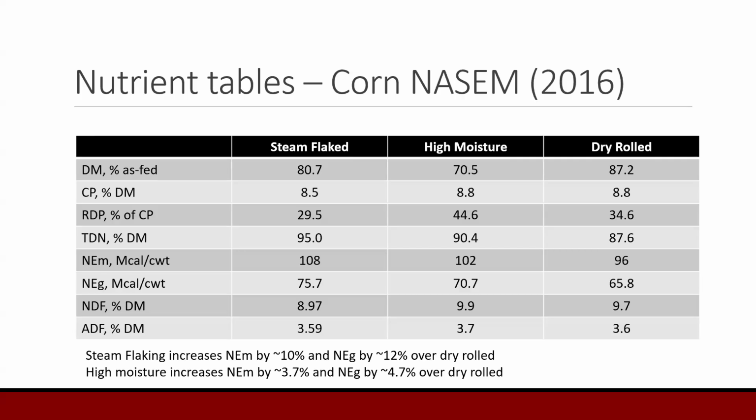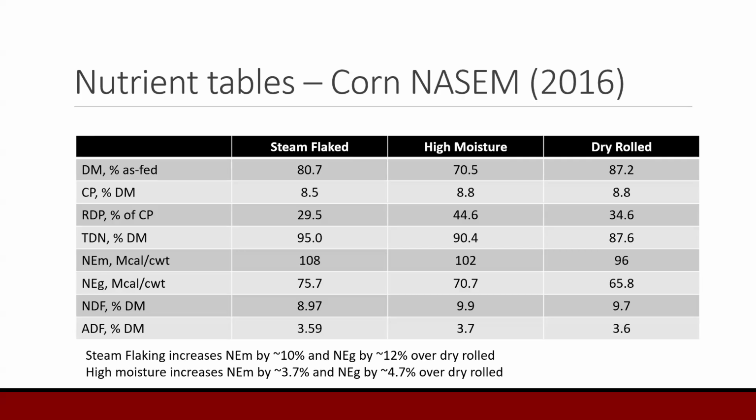So this is why in the Midwest, where they're growing their own corn, one, they don't have to transport water by importing the grain, right? But two, they can get a little bit more energy out of that grain that they're growing on-farm as opposed to just dry rolling it. So it pays to have that capital investment in the silage pit.